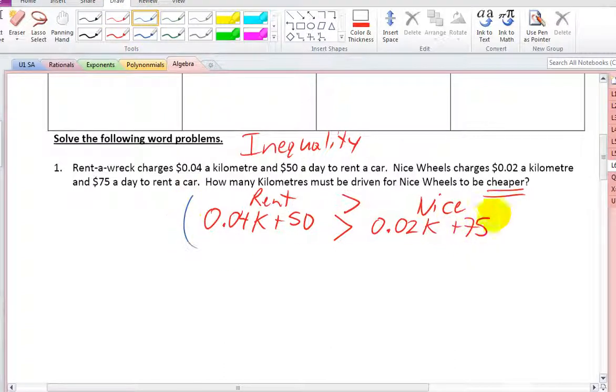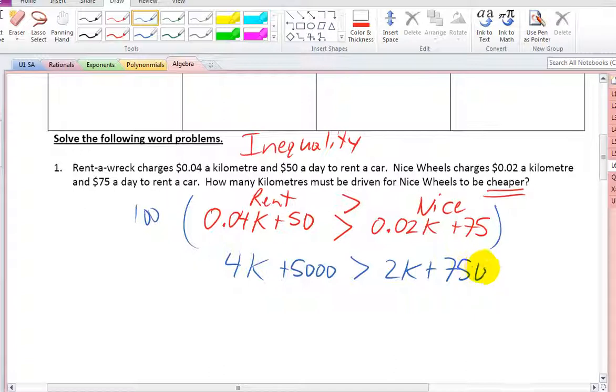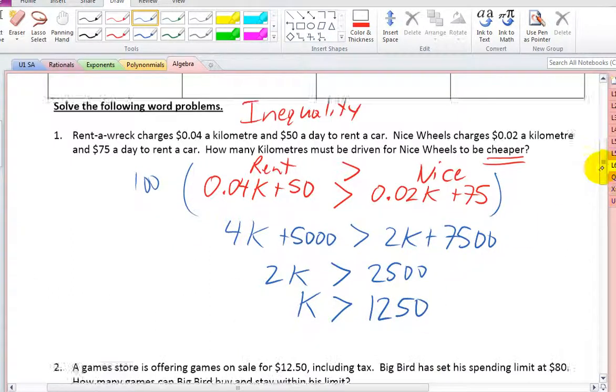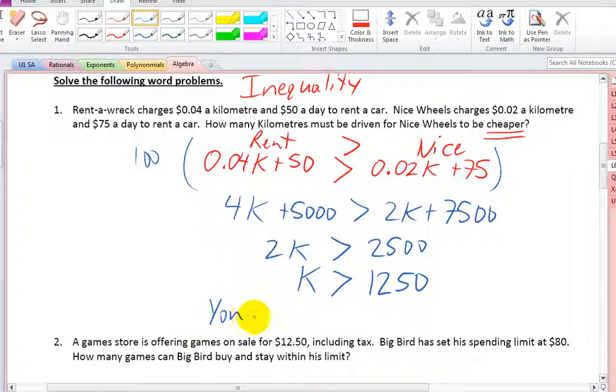I'd multiply to get rid of my decimals. You must drive more than 1,250 kilometers.